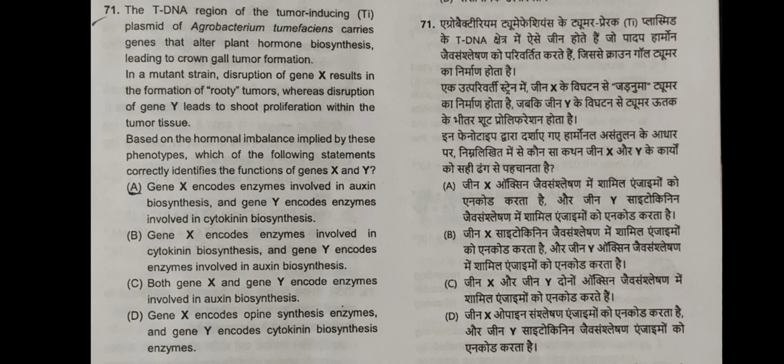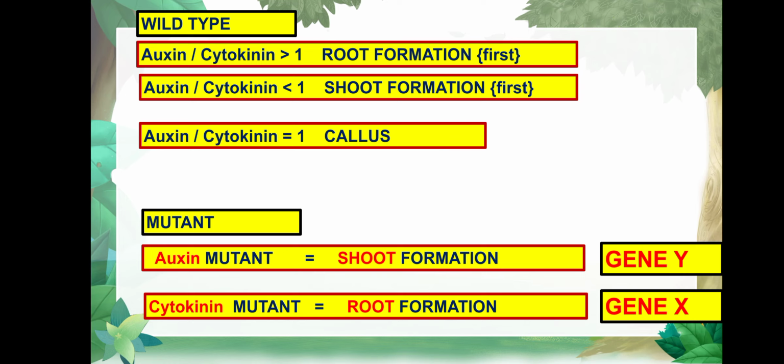Whereas disruption of gene Y leads to shoot proliferation. When gene Y is mutated, there is shoot formation, isn't it? So as we have previously read, when root formation is there, the mutant is cytokinin, and when shoot formation is there, the mutant is auxin.